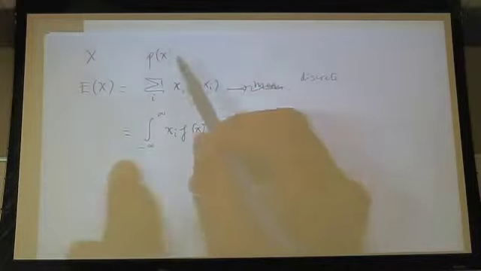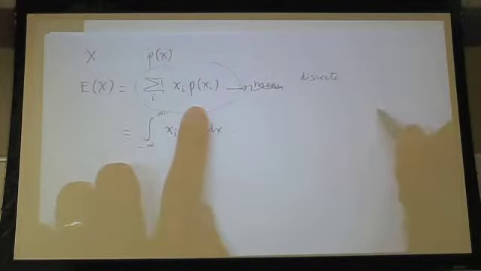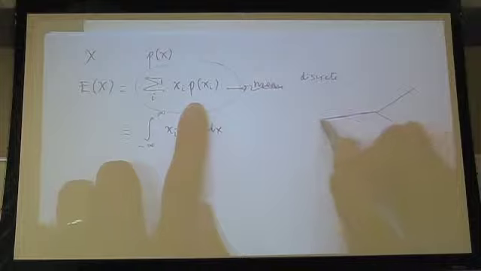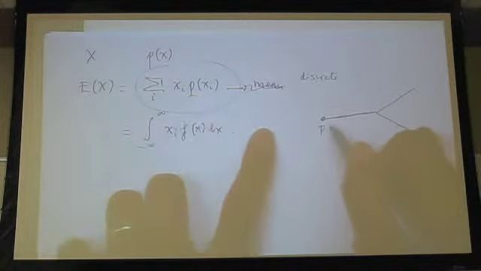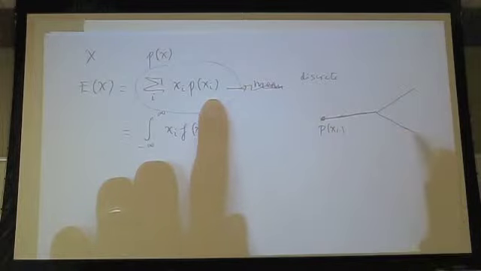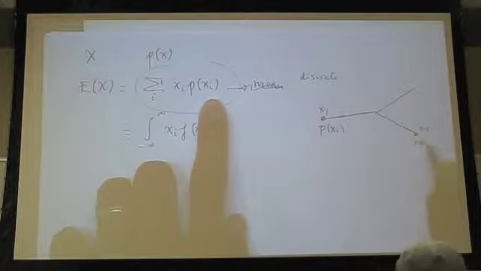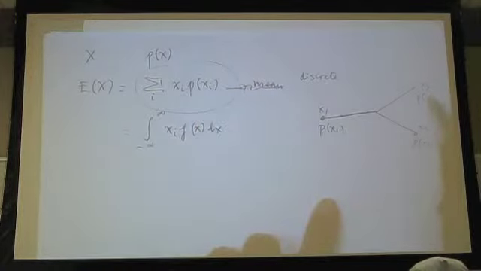Maybe I should draw a picture right here for you to see what this measures. Let's say that you have 3 points right here. This one is with probability p of x1, and this other one, x2, is with probability p of x2, and this one is x3 with frequency function p of x3.